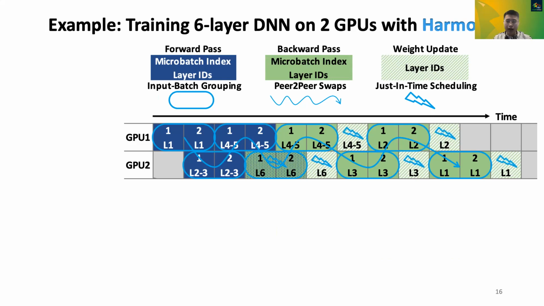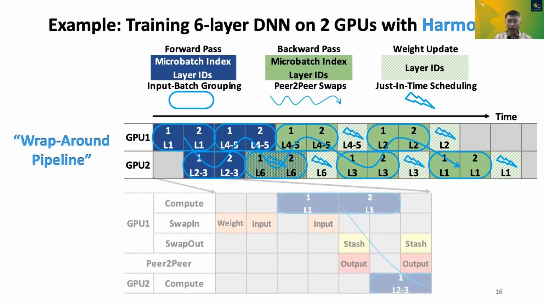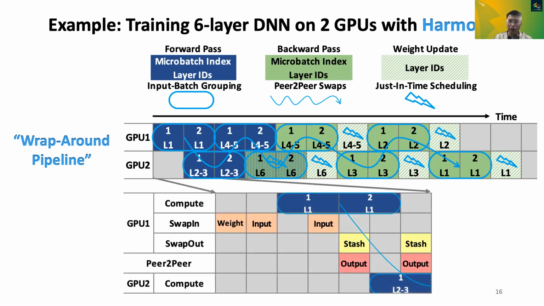Also, the update task happens just in time, without waiting for its layer state to be swapped out. So these tasks form a virtualized pipeline called wraparound pipeline, running across 2 GPUs without capacity constraint. Lastly, compute and swap are running under the hood, handled by the Harmony runtime.